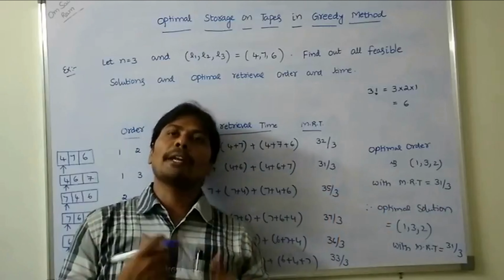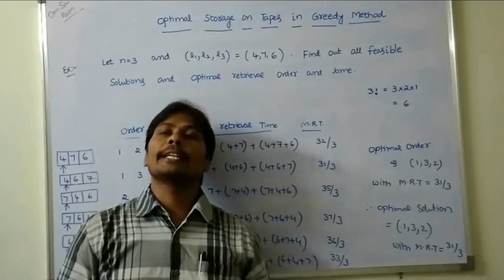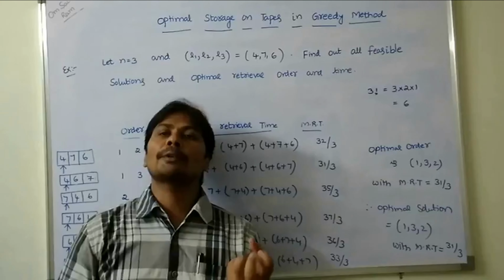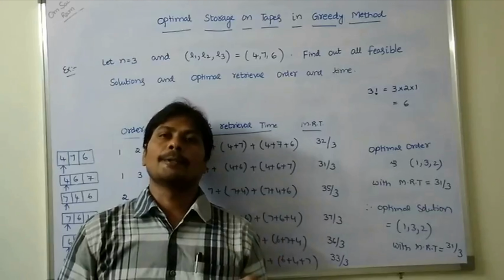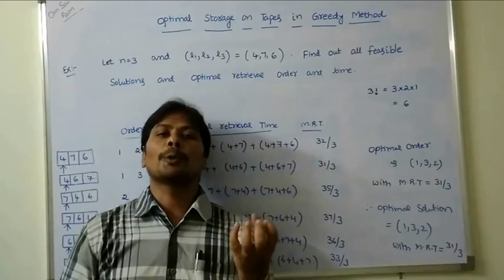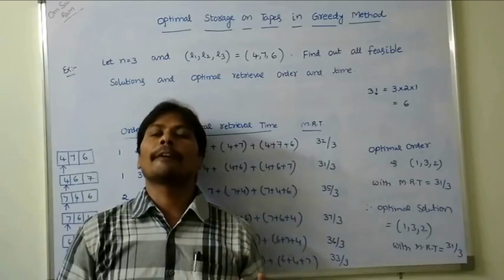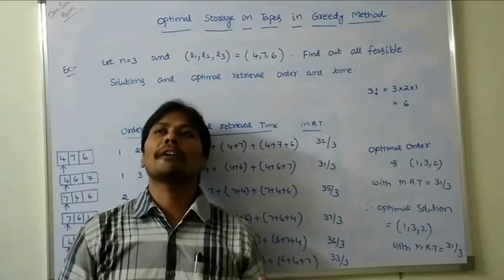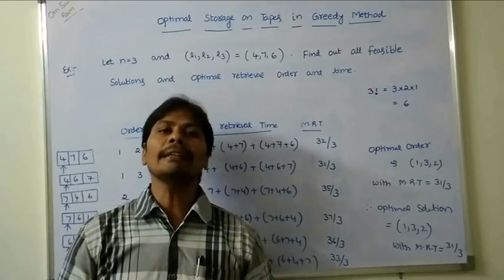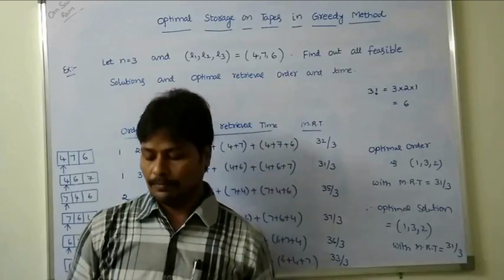If the number of programs is 5, 6, 7, it is very difficult to find all possibilities. So we have another way to find the optimal retrieval time if the number of programs is greater than 3. Then we can do that problem.